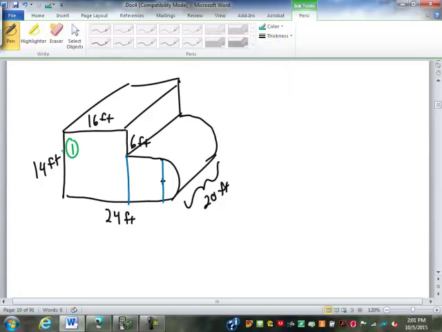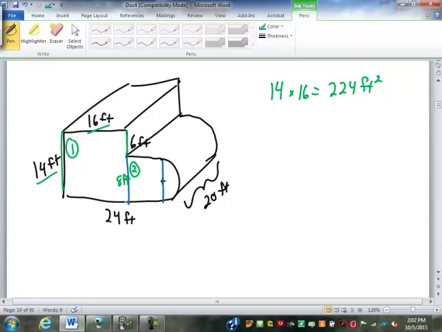So here we've got this rectangle, which is 14 by 16, which is going to be what? 224, I believe. That'll be square feet. This second one here is going to be 8 feet here. Where did the 8 feet come from? The 14 minus 6.